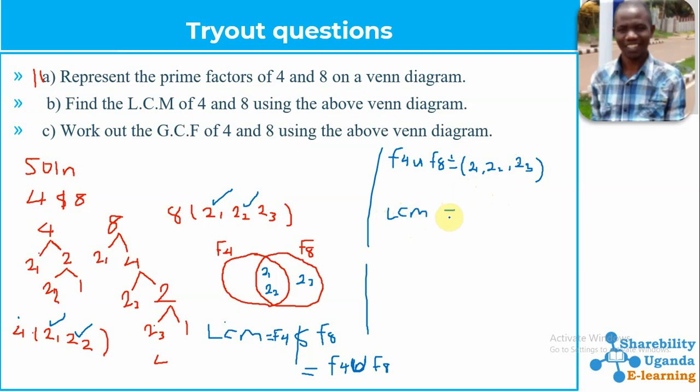Now our LCM is going to be equal to our 2 here, which is this one. Then we multiply it by our 2. Then we also multiply it by our 2. So this simply means we shall get 4 times 2.